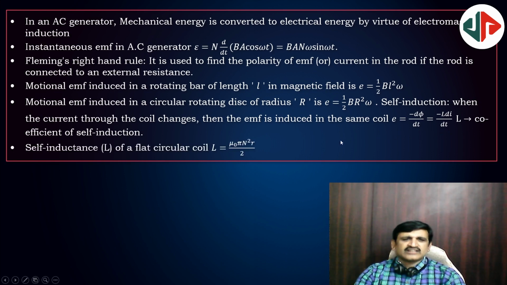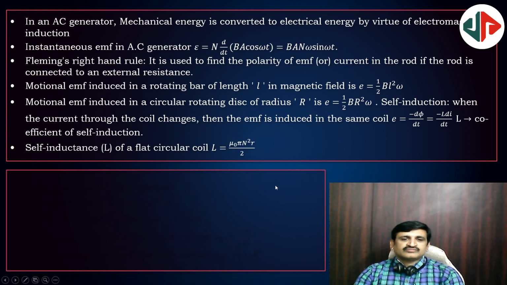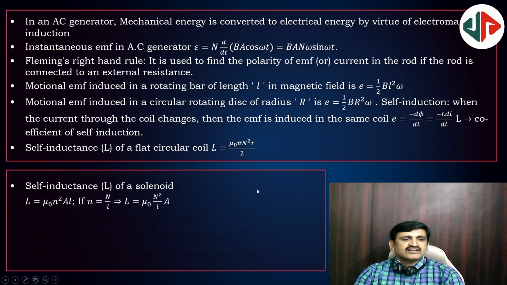This is another concept, started immediately. Self-inductance of a circular coil is given by mu naught pi n square R by 2. Actually N1 N2, if both are very close, then we write n square. Self-inductance of a solenoid is mu naught n square A L, where n equals N by L, so mu naught n square by L into A. Here A only; pi R square we sometimes write later.